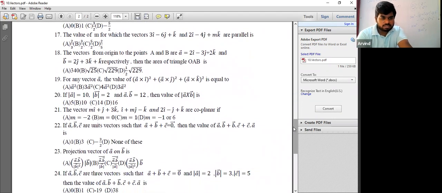Okay, 20th one is easy. You can write mod a is equal to 10, mod b is equal to 2, a dot b is equal to 12. Then what is the value of mod of a cross b? Actually there is a direct formula for this, but you can also do it the other way, the general way.